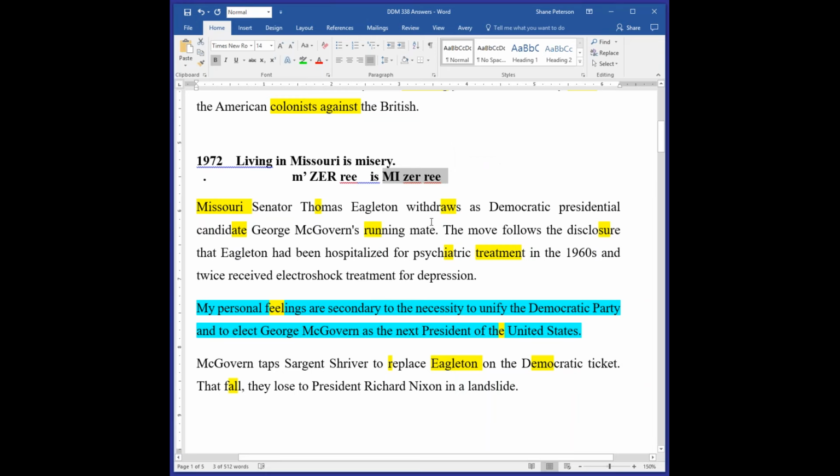Okay. So most politicians are misery, but Missouri Senator Thomas Eagleton withdraws as.